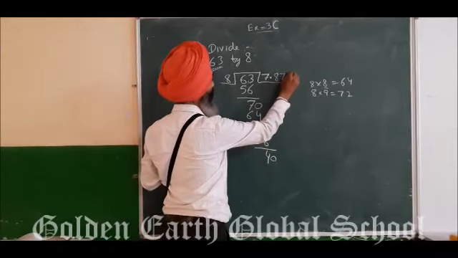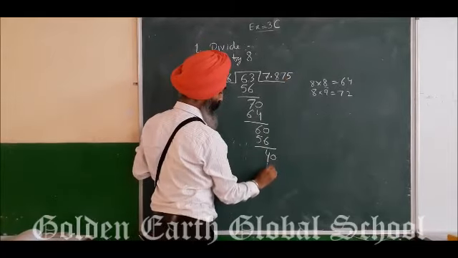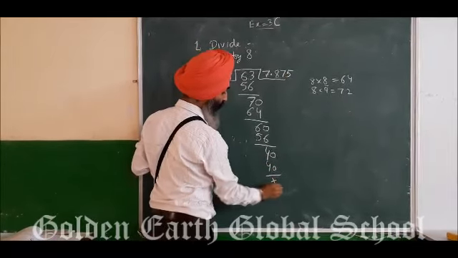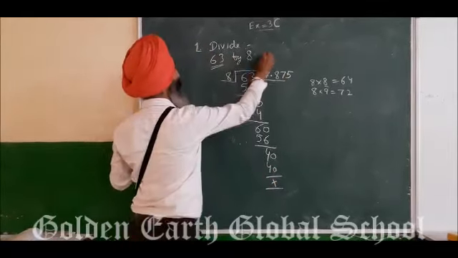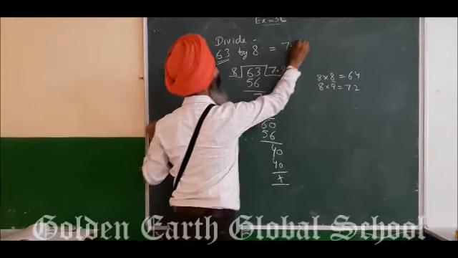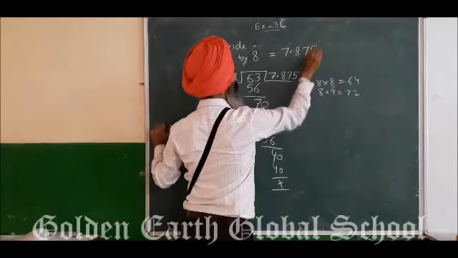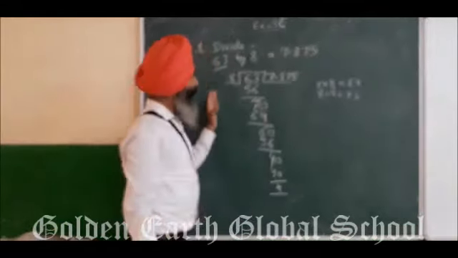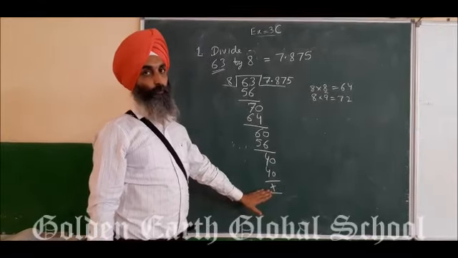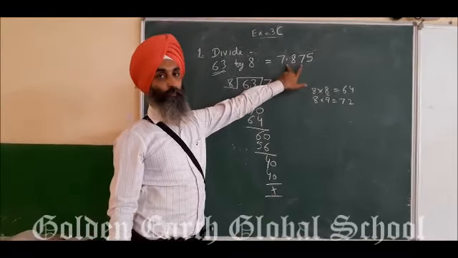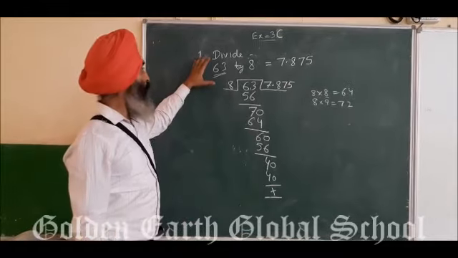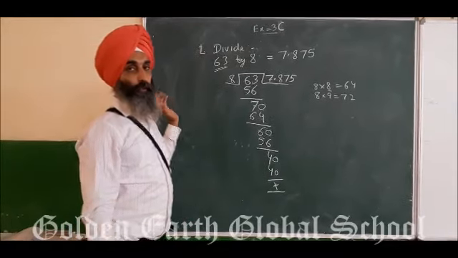Now 8 fives are 40. Now the remainder is 0. So it means your answer is 7.875. You have to divide until the remainder is 0. So this is your final answer. In the same way you have to divide all the other parts.